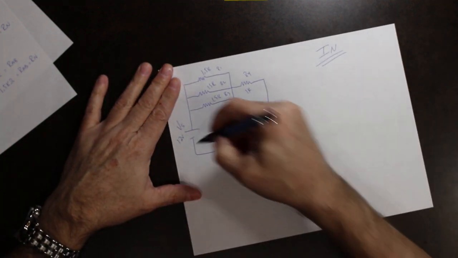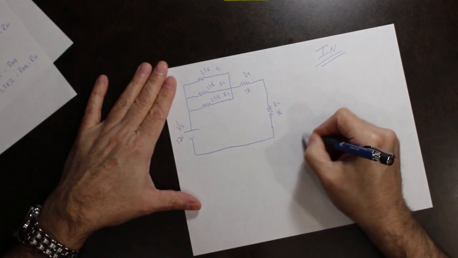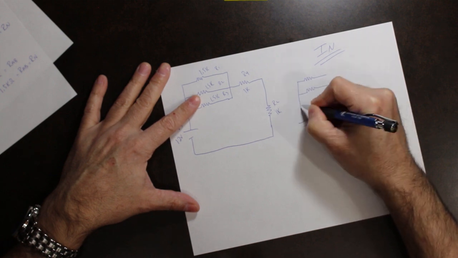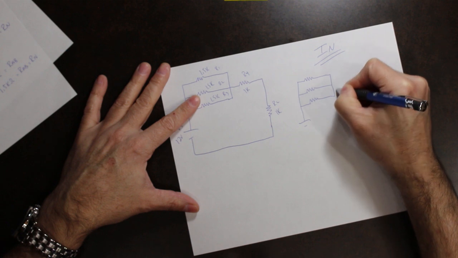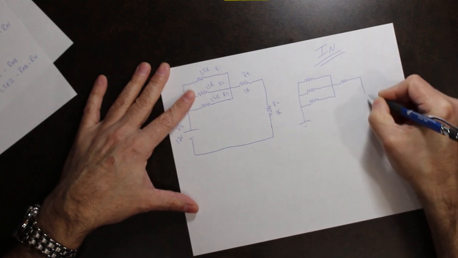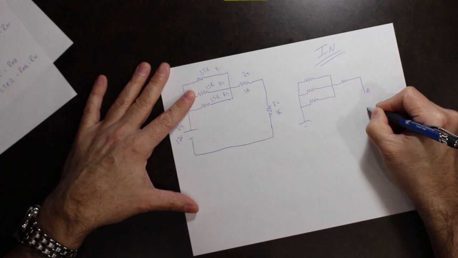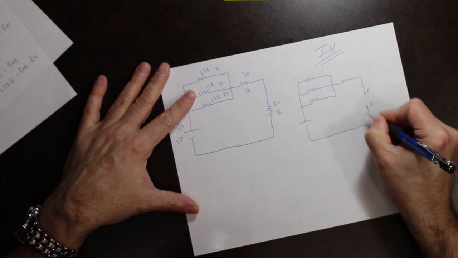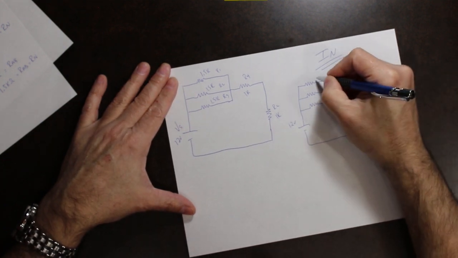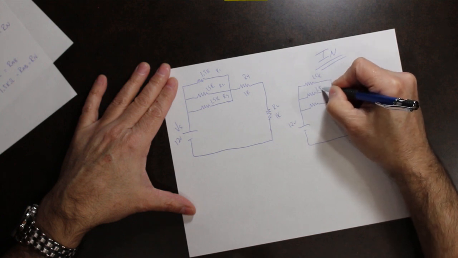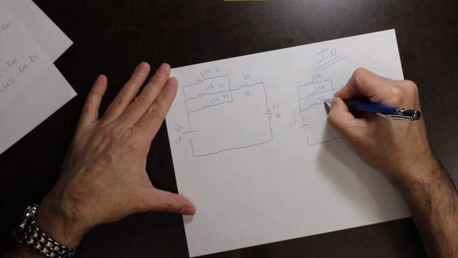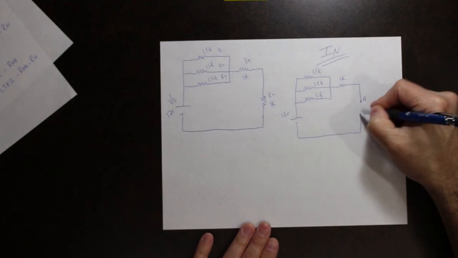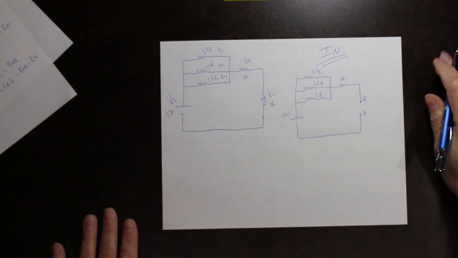So we're going to take this same circuit and remove the load, and we're going to mark it A and B. Where the load used to be is now going to become A, B again. So the load has been removed and we are there.